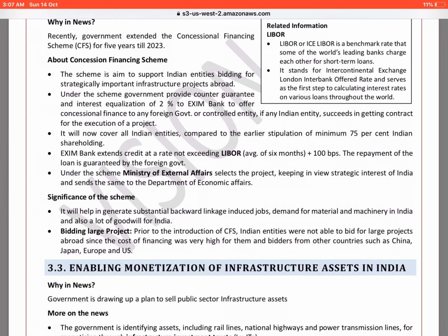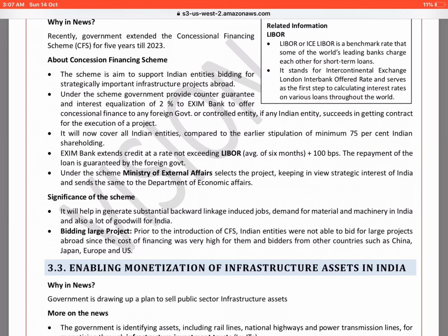Suppose 6% is the rate. It's just a supposition. If we have taken 6% as LIBOR, it means 6% is the rate, and this is what world leading banks set as their benchmark rate so that loans can be extended for short term period. So Exim Bank will not exceed the LIBOR average of 6 months plus 100 basis points.